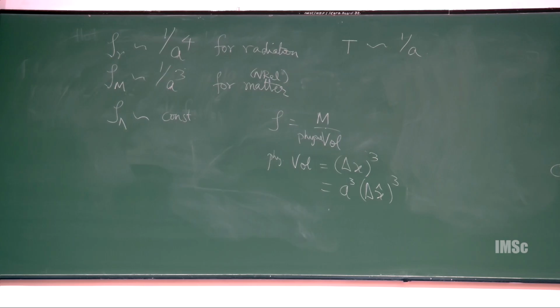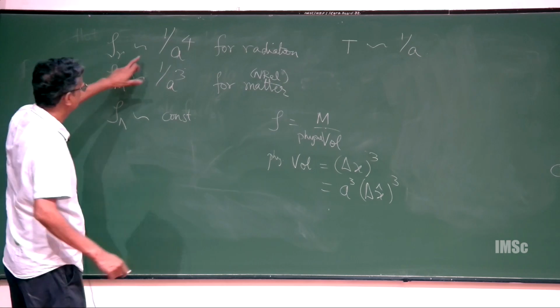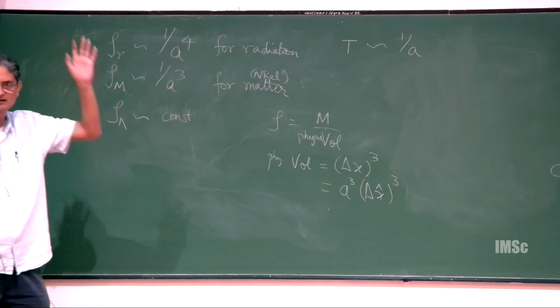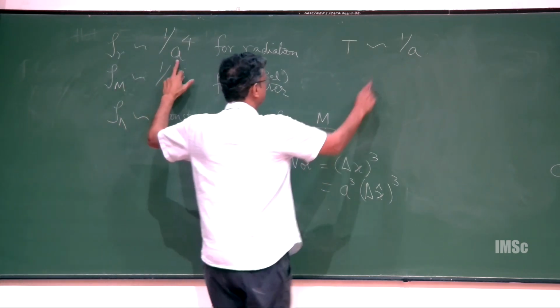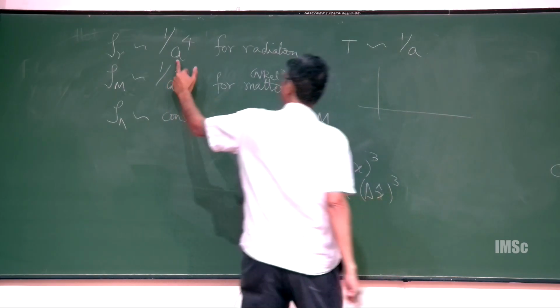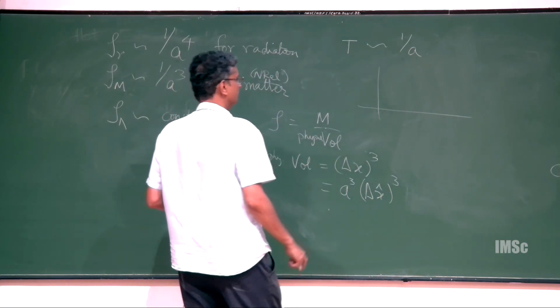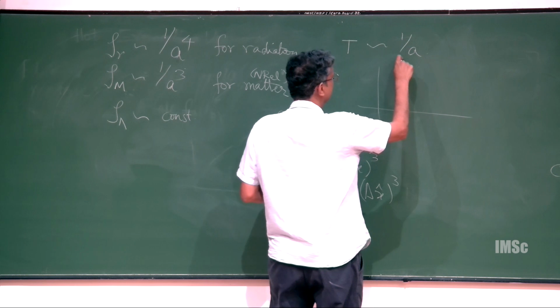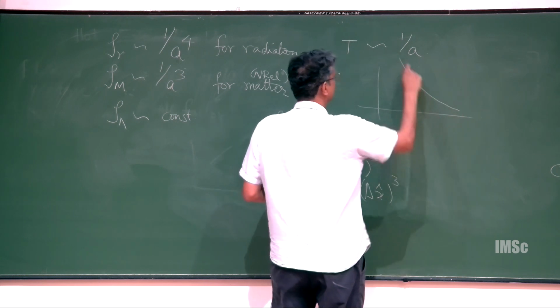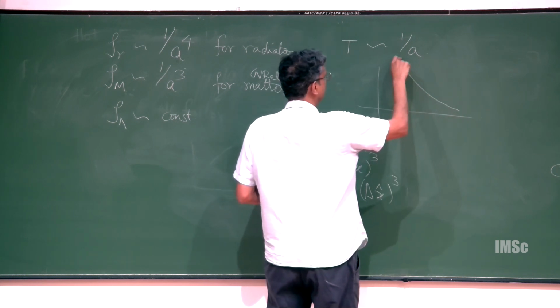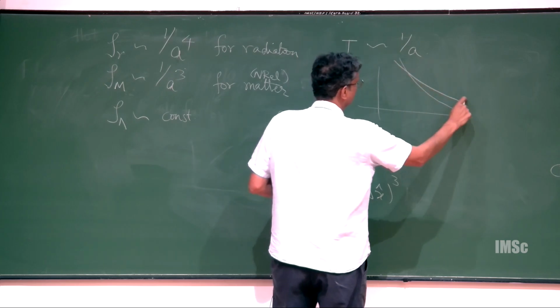One consequence of this is that if you wait long enough, radiation drops out, right? Because it is going like 1 over a to the fourth, one power of a in the denominator bigger. If you start with some energy density, and then matter will go like this one.